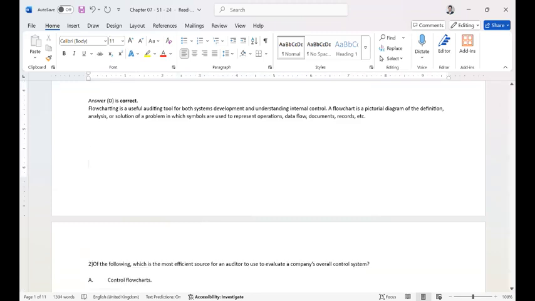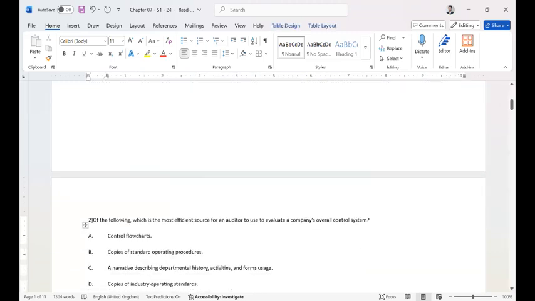Let's look at the next one. Of the following, which is the most efficient source for an auditor to use to evaluate a company's overall control system? Most efficient. Tricky one.